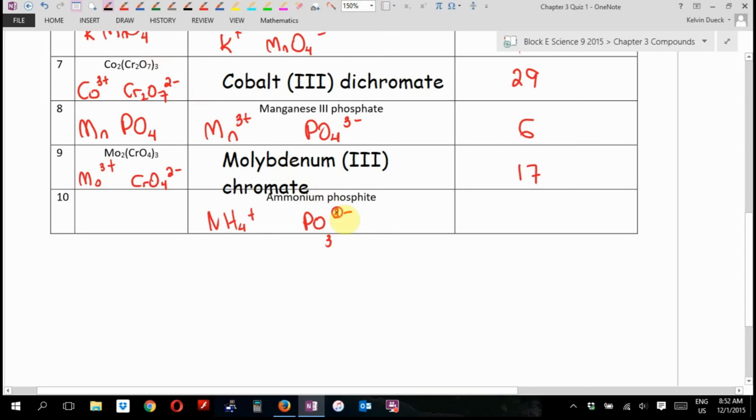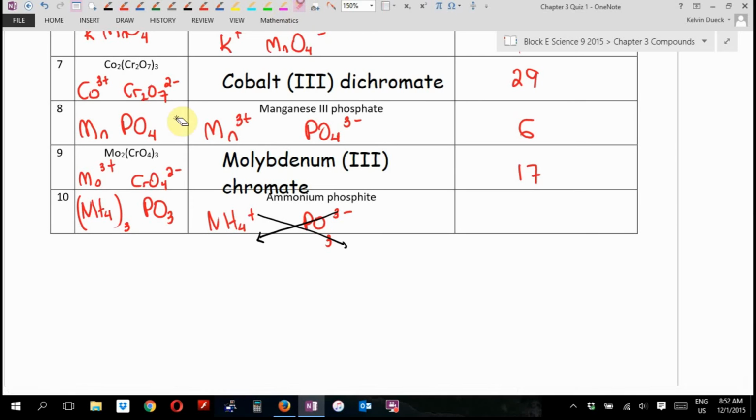So if I crisscross, I'm going to get NH4 in brackets, 3 of them, PO3 in brackets, 1 of them, so I'm going to ditch the brackets. That's terribly messy, Mr. Duick. Let's make that a little neater.